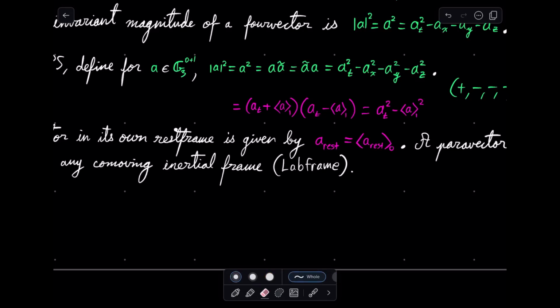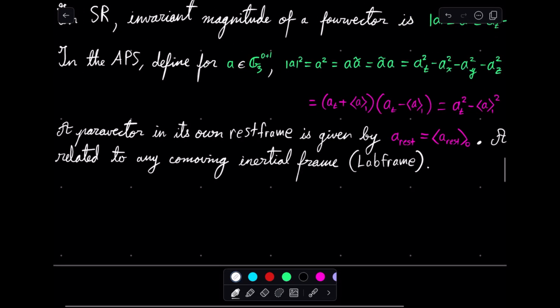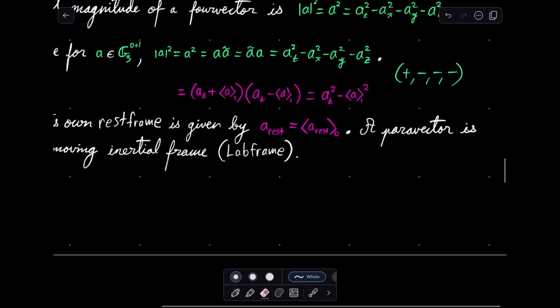And just for emphasis, I'll rewrite this also in print. Anyway, it's related to any co-moving inertial frame by a boost.